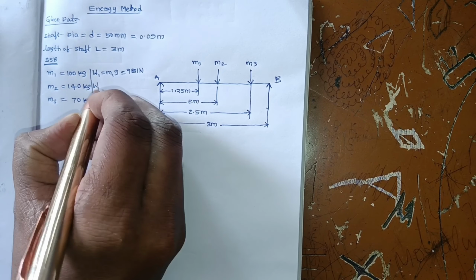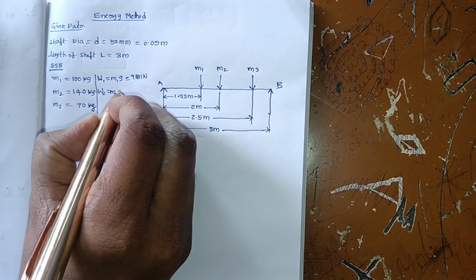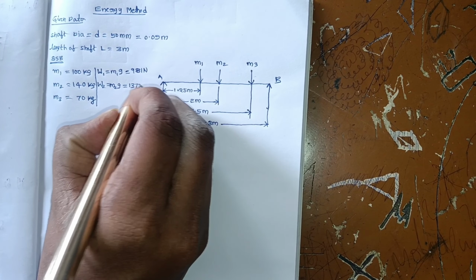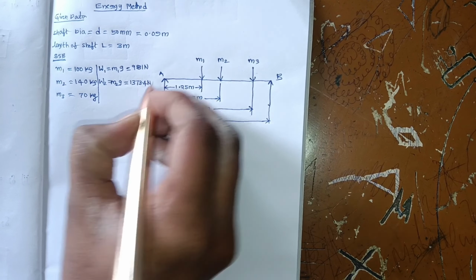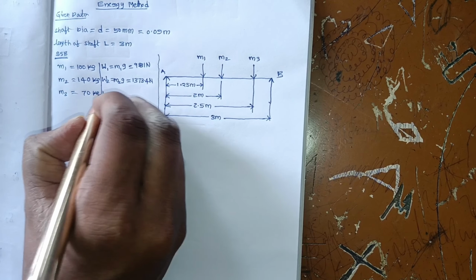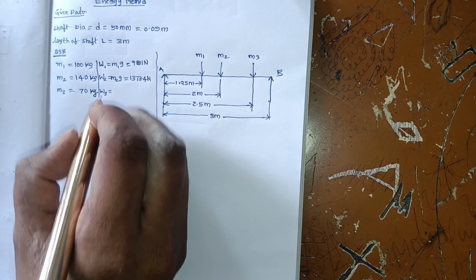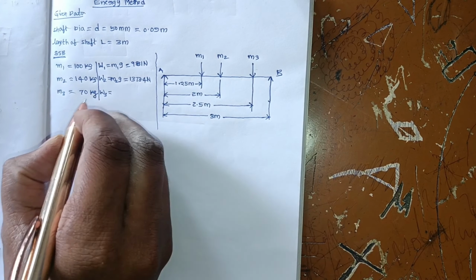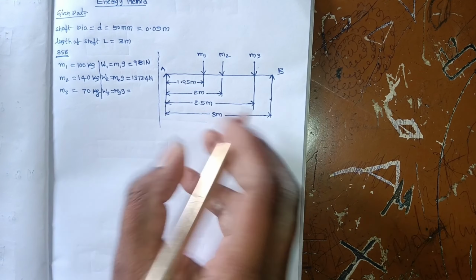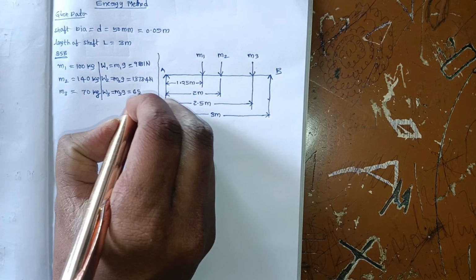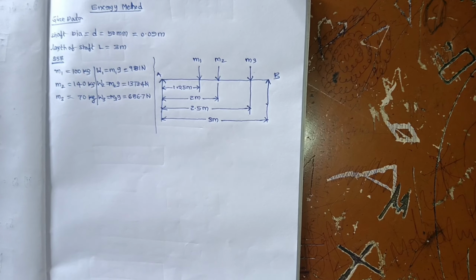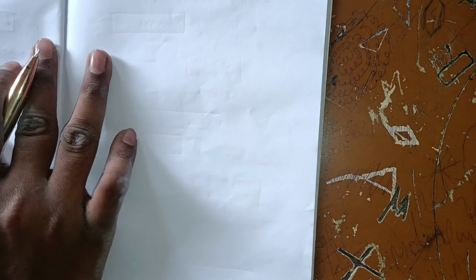Similarly W2 is equal to m2g, then you will get 1373.4 newtons. Similarly W3, that is m3 into g, 70 into 9.81, you will get 686.7 newtons.